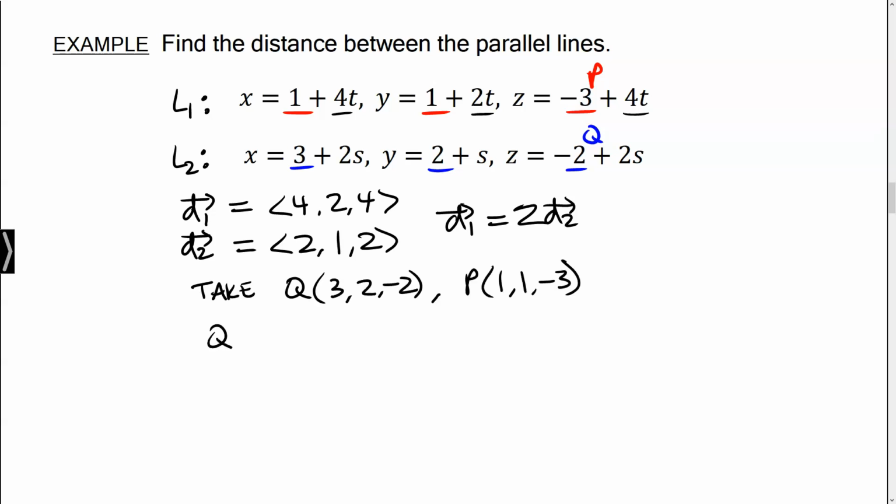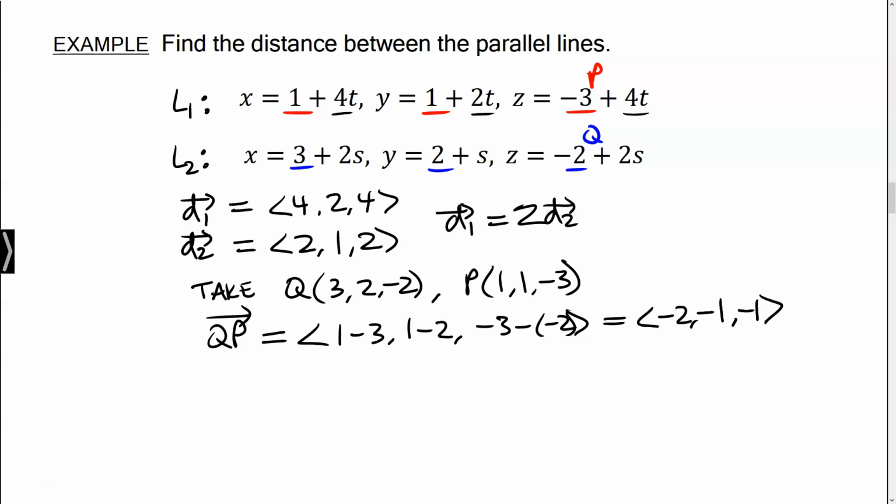And then I find QP, this vector, to be 1 minus 3, 1 minus 2, negative 3 subtract negative 2, and that ends up being negative 2, negative 1, negative 1.